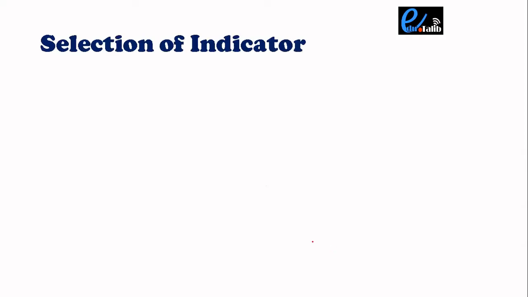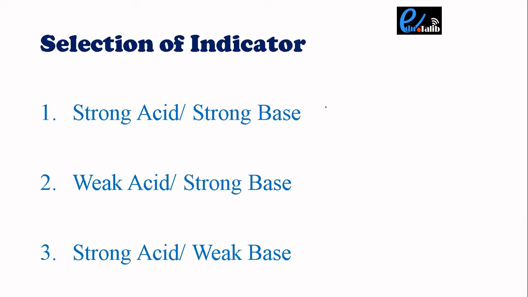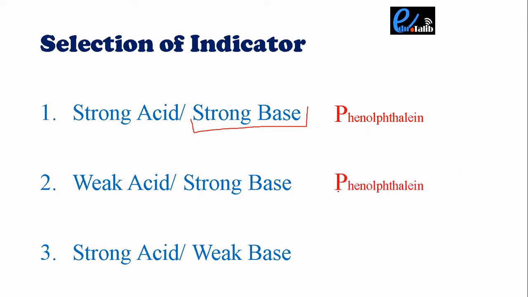Next is the selection of indicator. This is pretty much easier. When the base is strong, we have to use phenolphthalein in every condition. In the second category, a weak acid and a strong base, since the base is strong, the indicator should also be phenolphthalein.